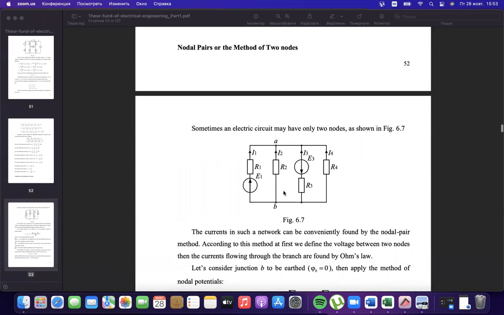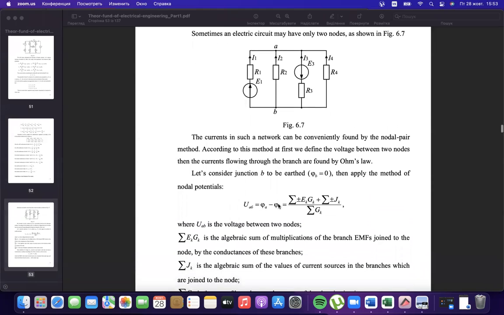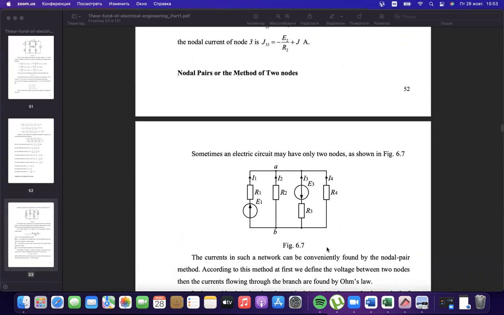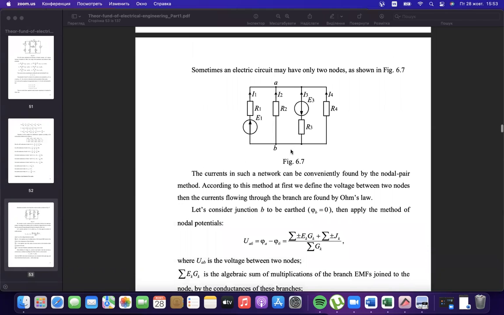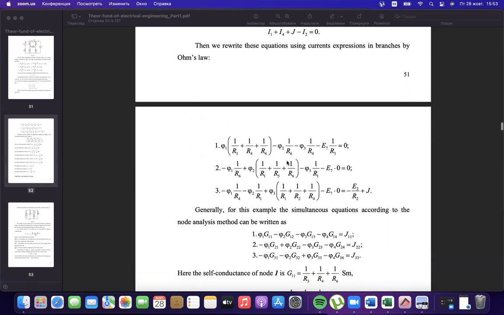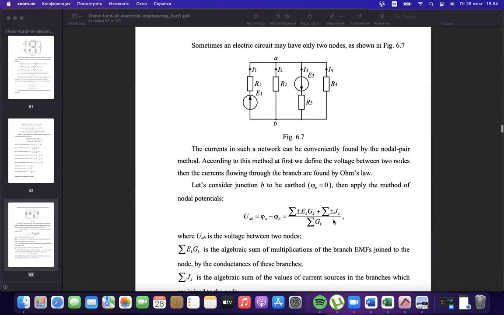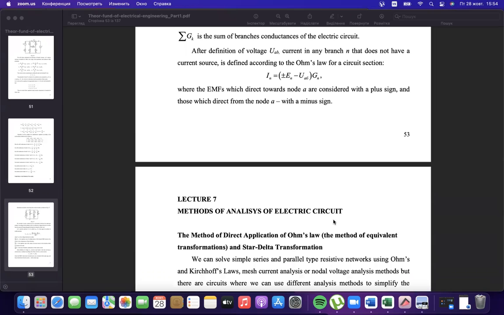Also, if you have only 2 points, we have only one equation. We don't have a system, we have only one equation. And such a simplification is called the method of 2 nodes. You also could see it here, but the general idea is that instead of a couple of points and a system, you have only 2 points and one equation.